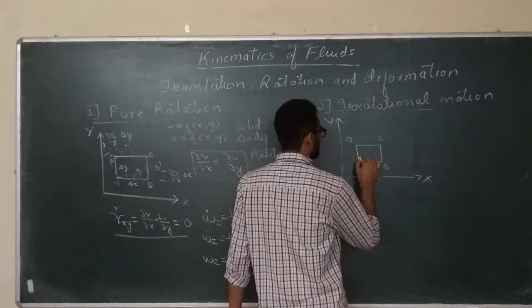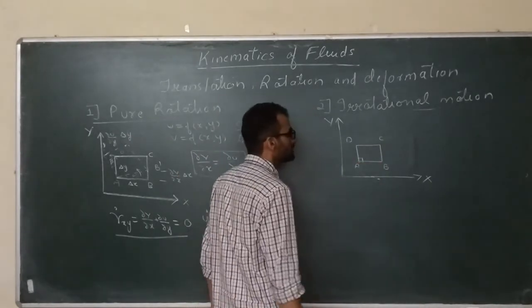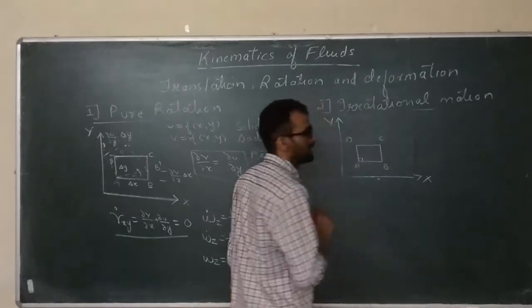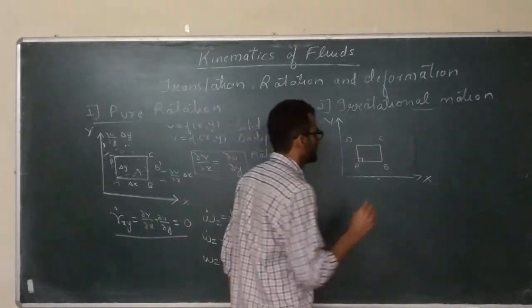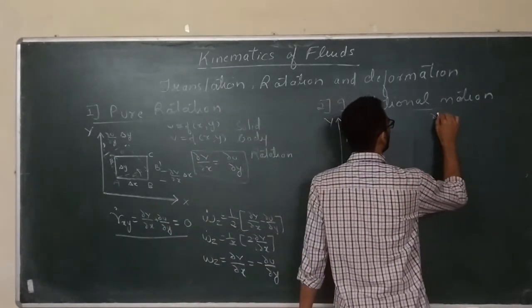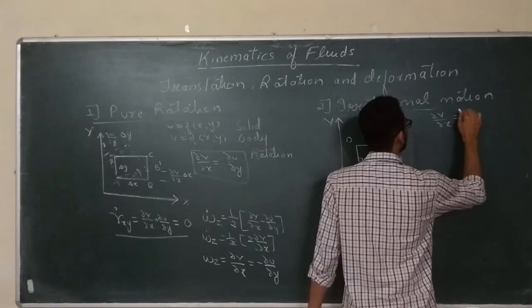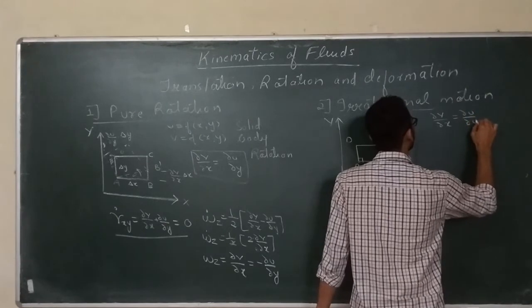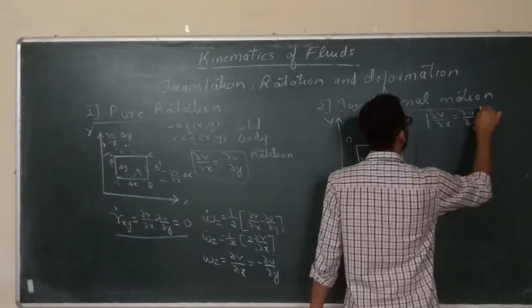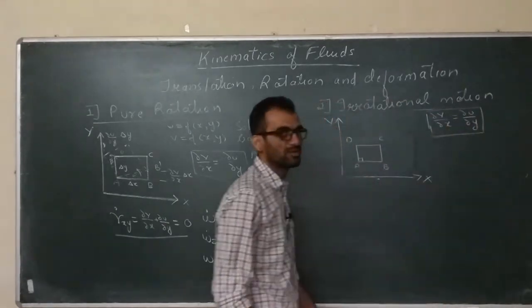The angle is 90 degrees. So what is the criteria for irrotational motion? This is also a special case. If we have del v by del x equal to del u by del y, if we have this condition, then what will happen?